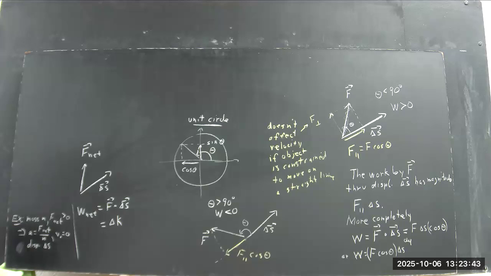And assume a displacement delta S, which could also be delta X. Well, VF squared equals V naught squared plus 2A delta S, right?